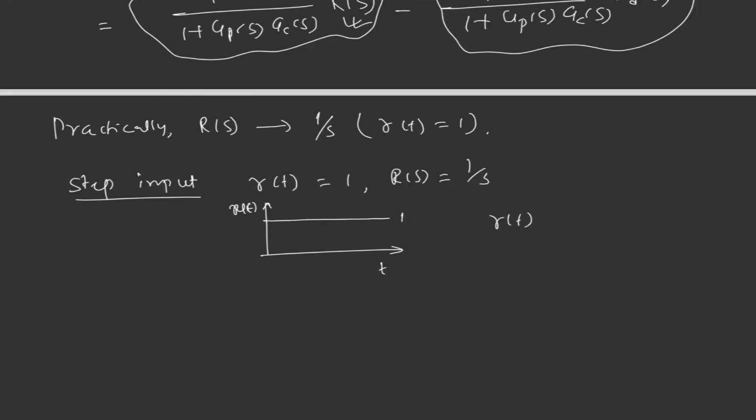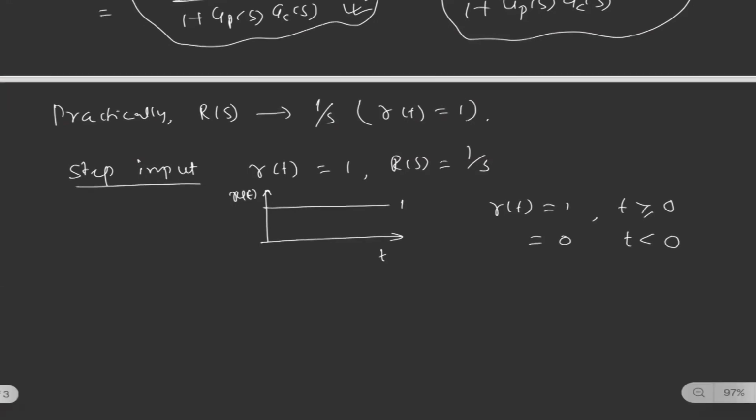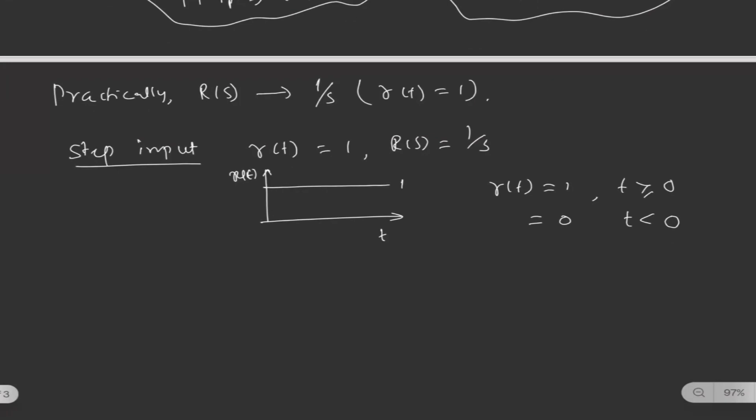So R of t equals 1 when t is greater than or equal to 0, and equals 0 when t is less than 0. This is the condition for a step signal. This is appropriate when the reference signal RT is approximately constant for a long period of time. For example, we want to occasionally change the attitude from one fixed reference attitude to another. When this kind of situation arises, we can use this step signal.